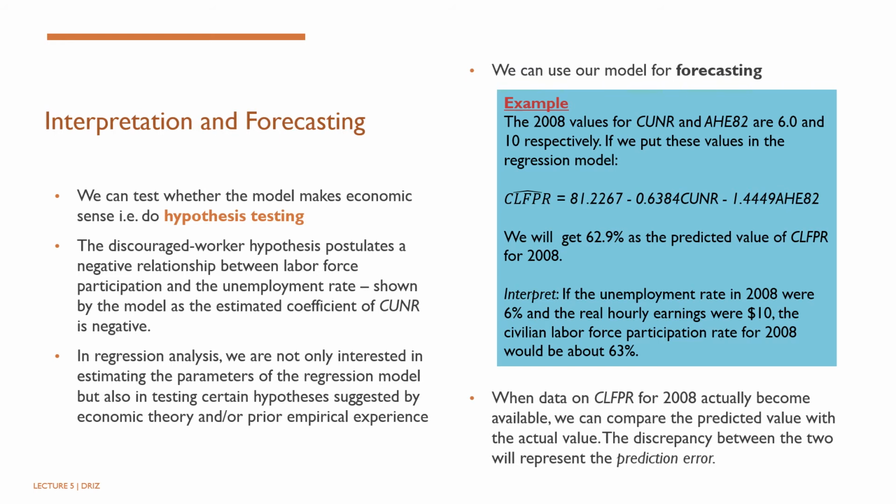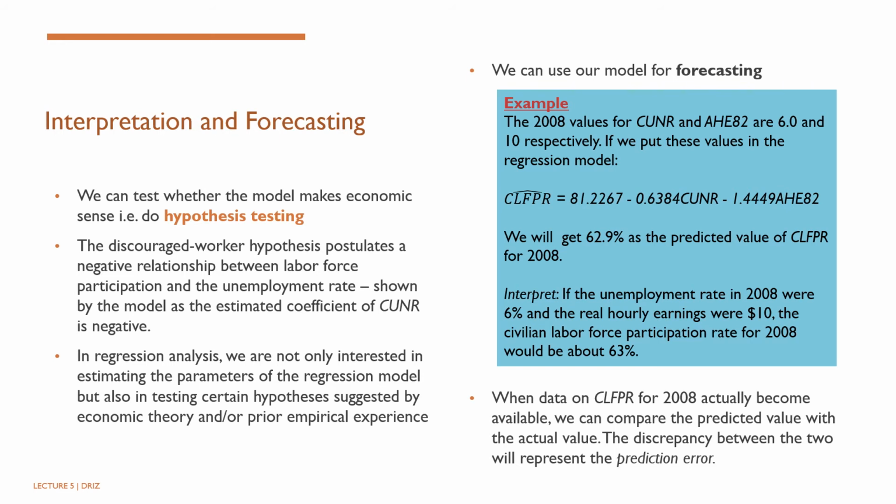Having finally settled on a model, we may want to perform hypothesis testing. That is, we may want to find out whether the estimated model makes economic sense and whether the results obtained conform with the underlying theory. For example, the discouraged worker hypothesis postulates a negative relationship between labor force participation and unemployment rate.